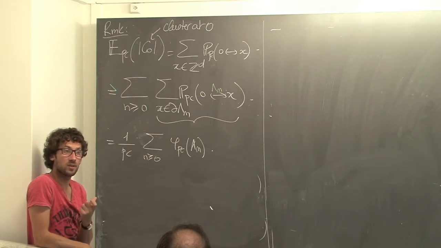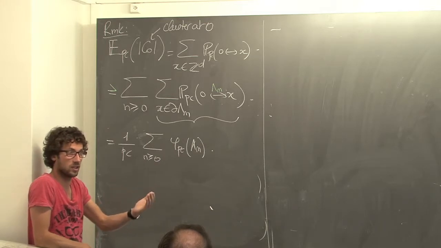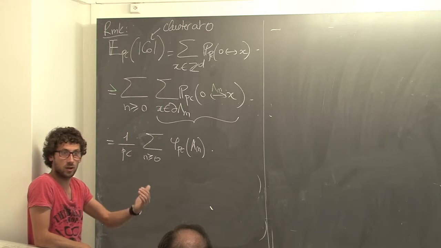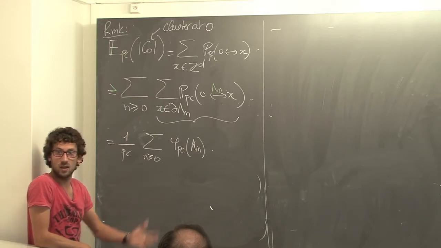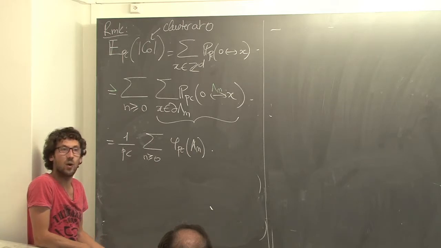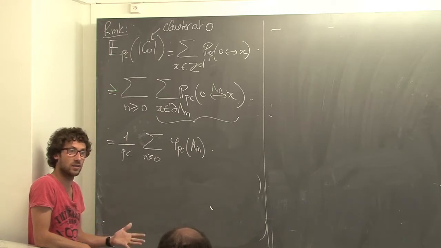It's a closed property. P gives phi P of S is obviously continuous. So phi P of S larger or equal to 1 is a closed set for every S. So the intersection is a closed set. So at PC, I know that phi PC of S is larger or equal to 1 for every S.